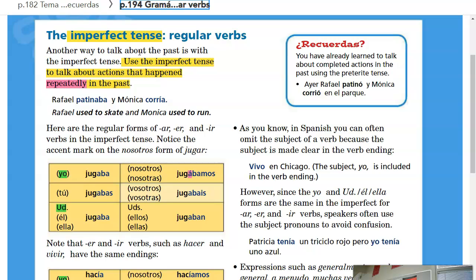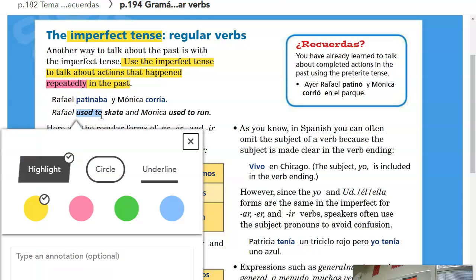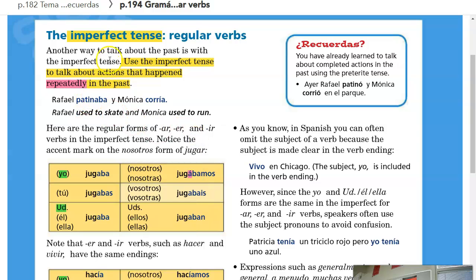In English, we say used to to infer that it's an action that happens repeatedly. In Spanish, we don't have an expression that translates to used to. We conjugate those verbs in the imperfect to convey that meaning. Things that happened repeatedly in the past.